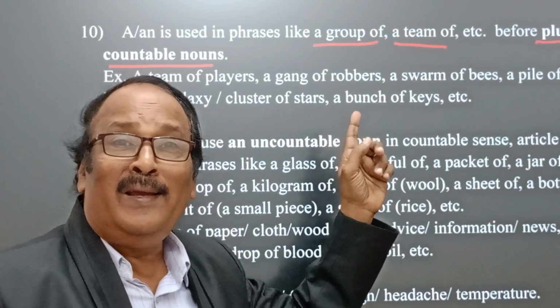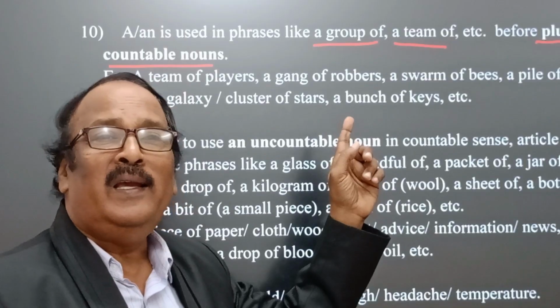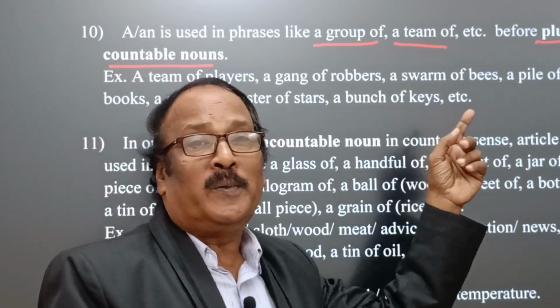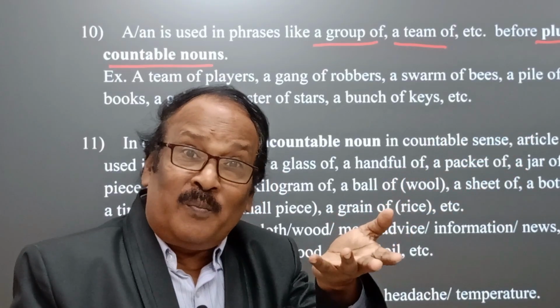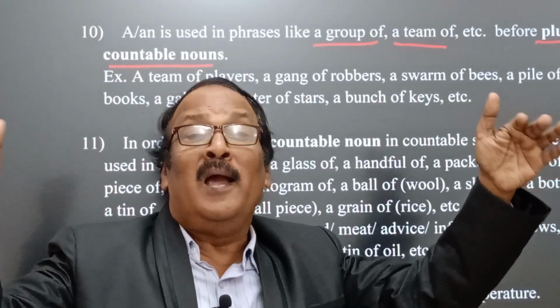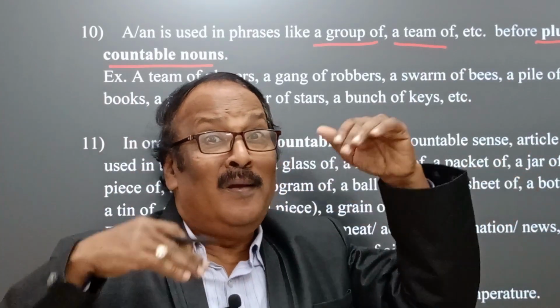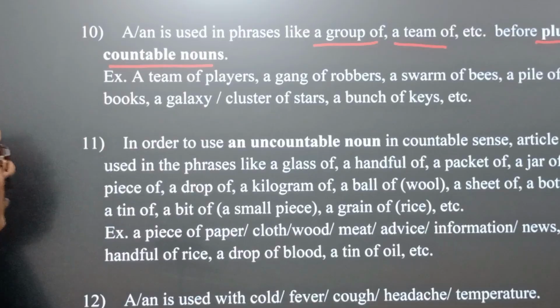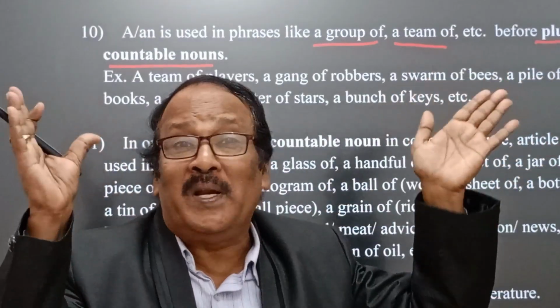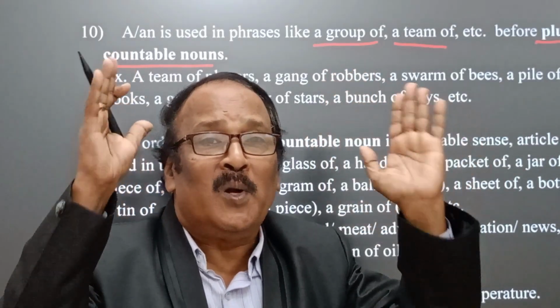We cannot say a stars, but we can say a galaxy or cluster of stars. A bunch of keys, a bunch of bananas, a bunch of flowers, etc. we can express. Therefore, my dear students, take interest in this connection so that we can definitely express noun phrases in a very comfortable manner.